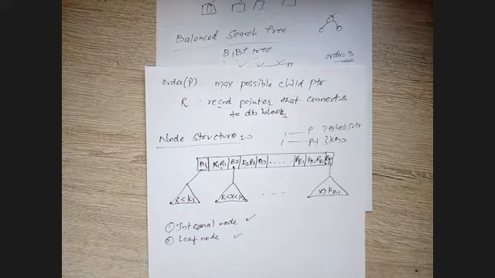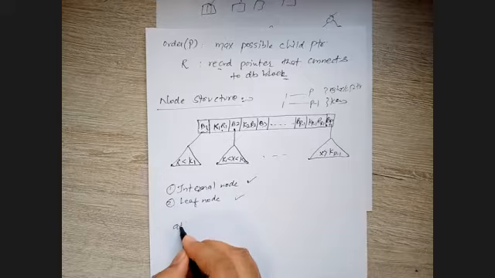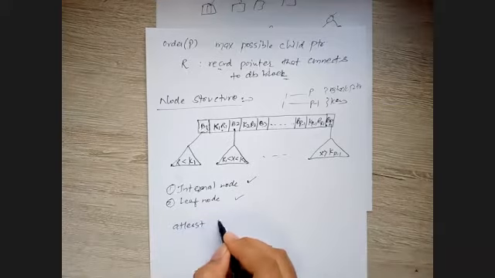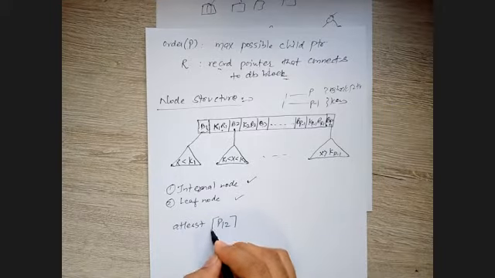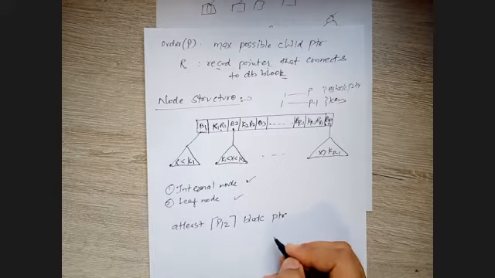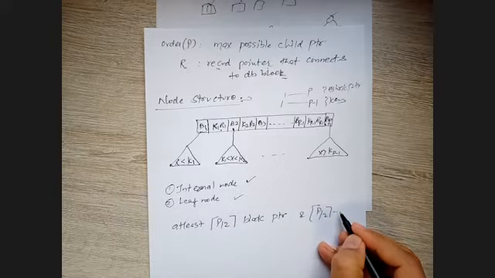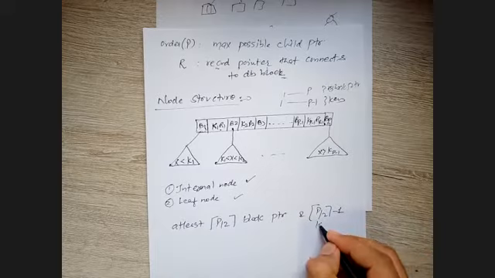Remember, there are a few formulas that you need to keep in mind, which you may not have understood in your data structures course. Every internal node except the root uses at least ceil(P/2) block pointers and ceil(P/2) minus 1 keys.